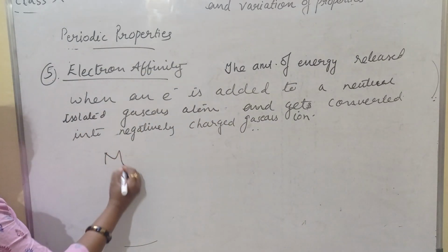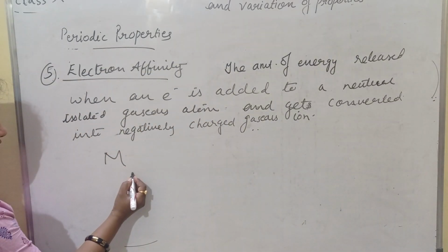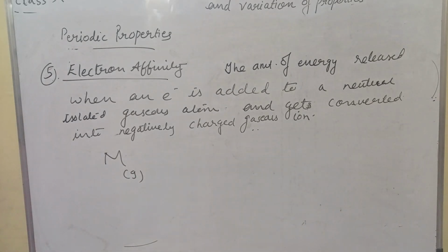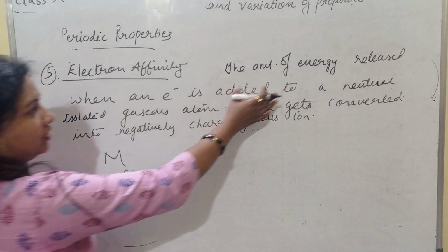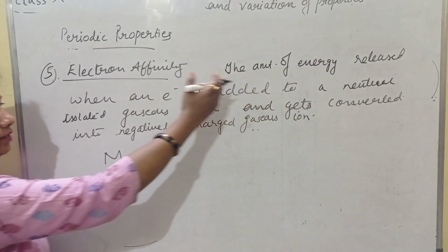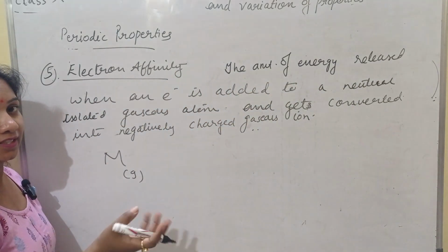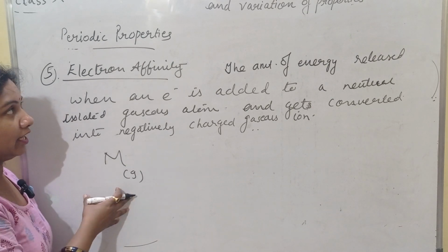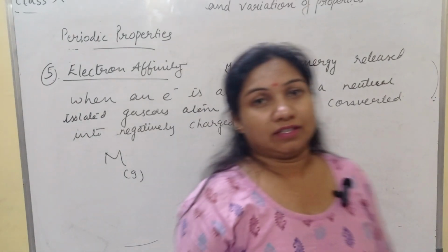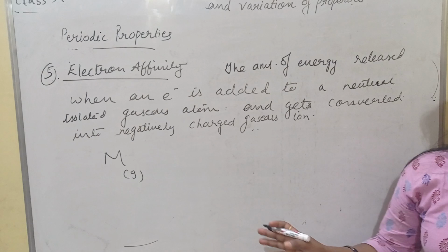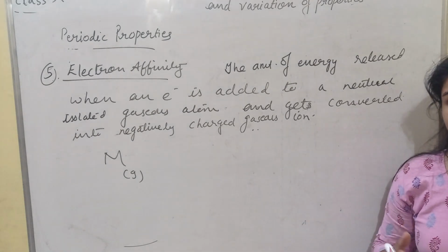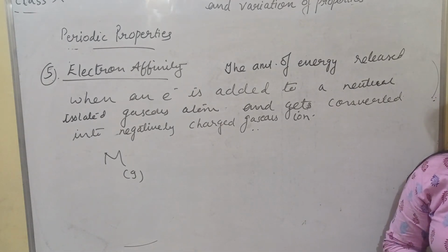Suppose this is an atom of any element. What we are saying is that an electron is being added to this atom, and we know that non-metals have the tendency to accept electrons. So generally electron affinity we see in the case of non-metals, and ionization energy we see in the case of metals.